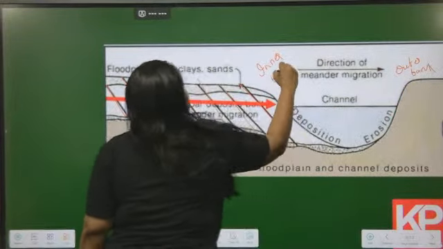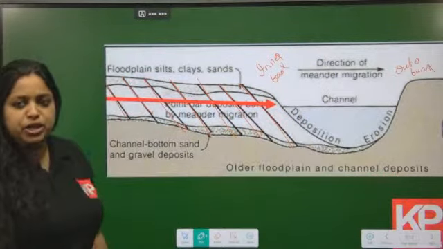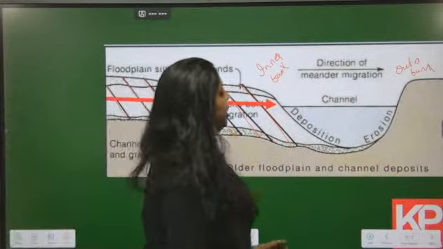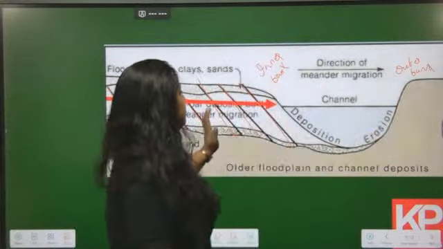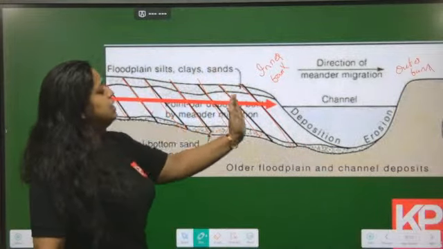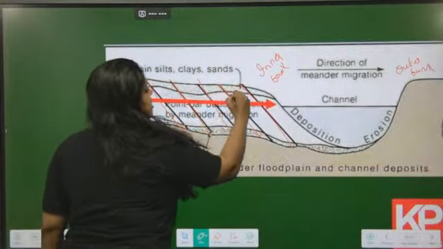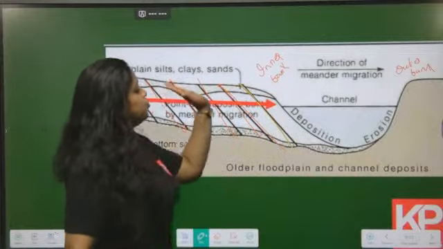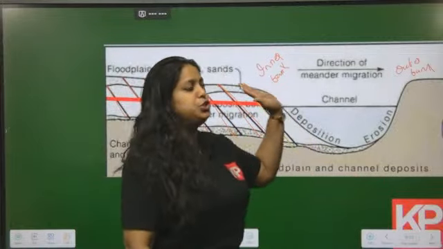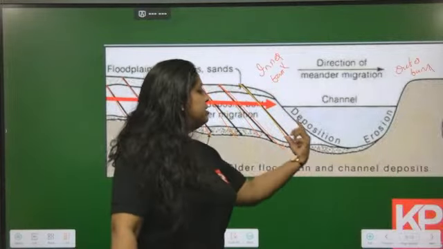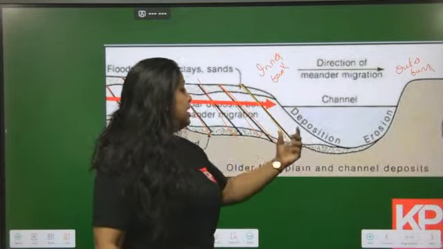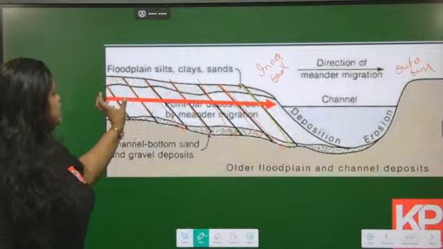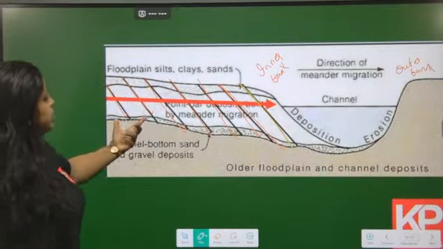So in the inner bank, when deposition keeps on happening, the outer bank undergoes erosion. Whenever deposition happens in the inner bank, it takes place in a particular direction. The sediment will dip towards the channel. Hence, this was the initial deposition that took place.